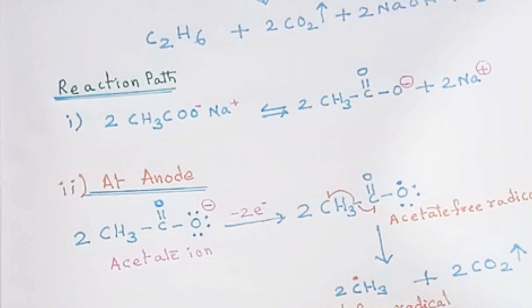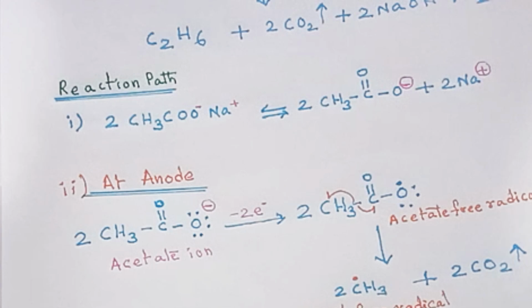So these hydrogen free radicals formed will form a bond between them and become a hydrogen molecule. This escapes as hydrogen gas. So at the cathode we get hydrogen gas and at the anode we get ethane gas.